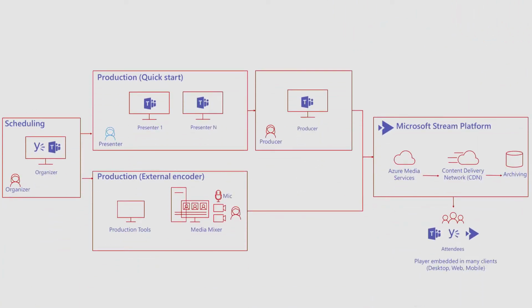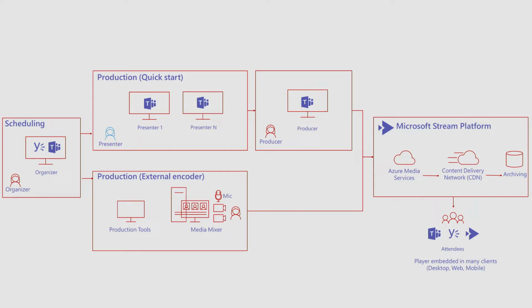So here is the flow of the scheduling and the production. You have two types of production. You can do it either in Teams, where you can get basic controls in order to adjust the layout and so on. This is more for regular users, widely available in your tenant. Then you have the second way to produce, which is the external encoder.